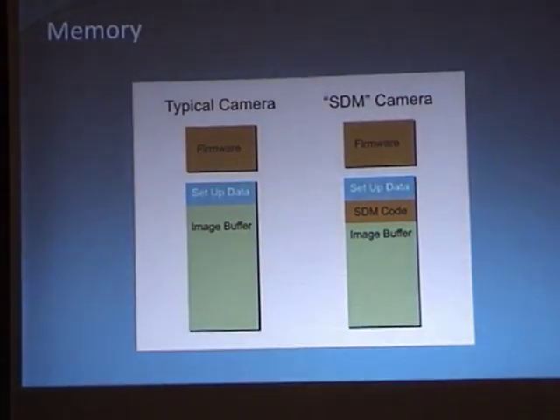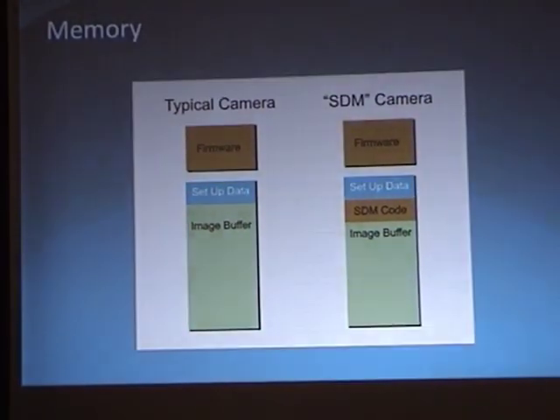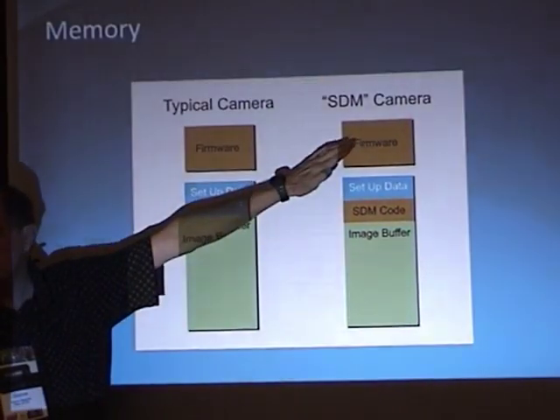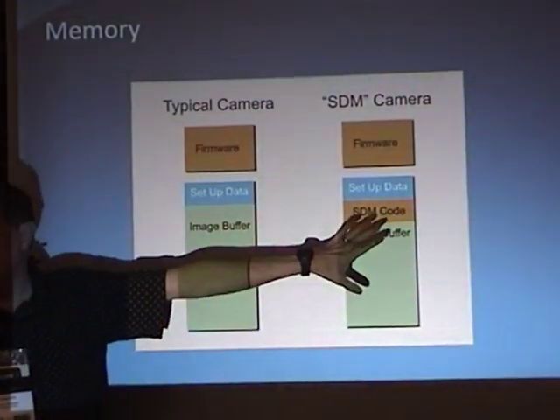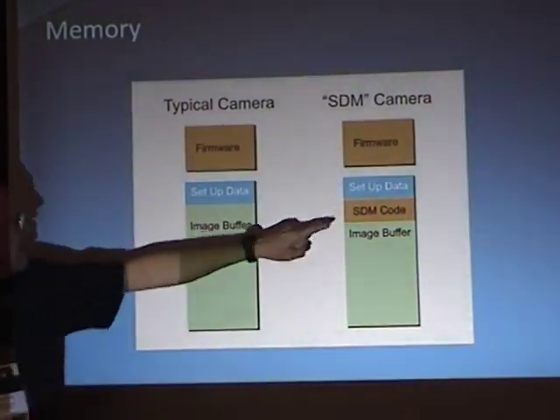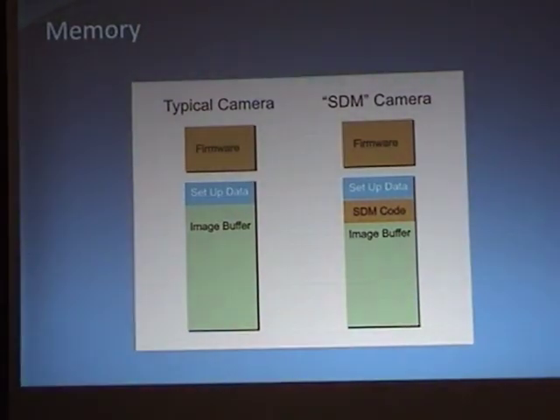What StereoData Maker does, when you put the card in with the program on it, it loads program code, the same sort of thing as the firmware running the camera, into this buffer memory. It then tricks the camera into thinking that this memory is part of this memory. So now the CPU in the camera will start running the code we loaded for StereoData Maker.